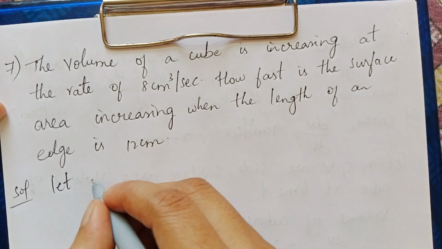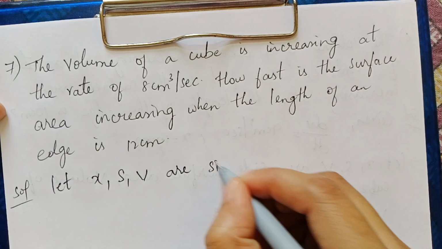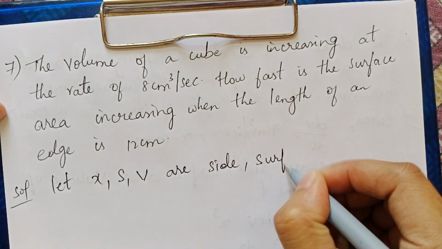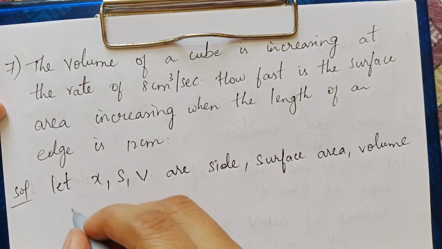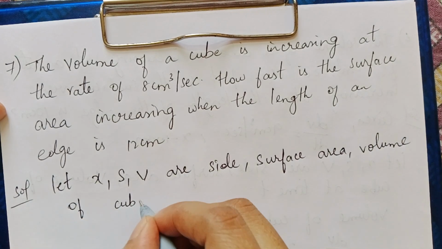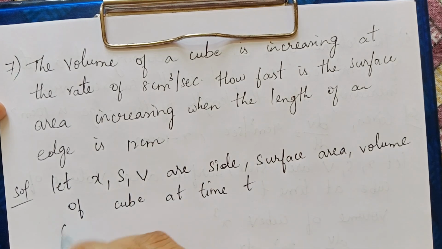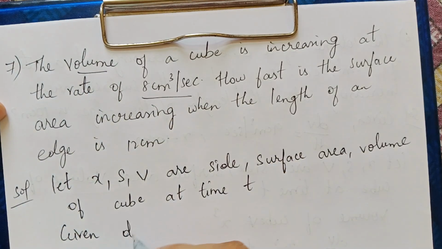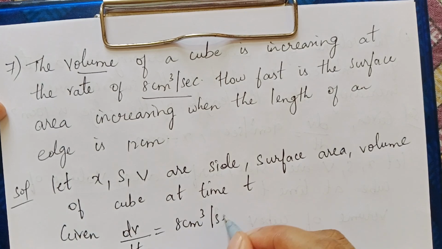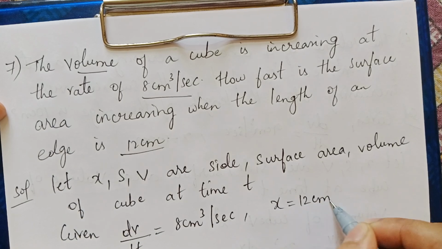So let us consider, let x, S and V be the side, surface area and volume of cube at time t. Given the rate of change in volume, dV/dt is equal to 8 centimeter cube per second, and the edge x equals 12 centimeters.